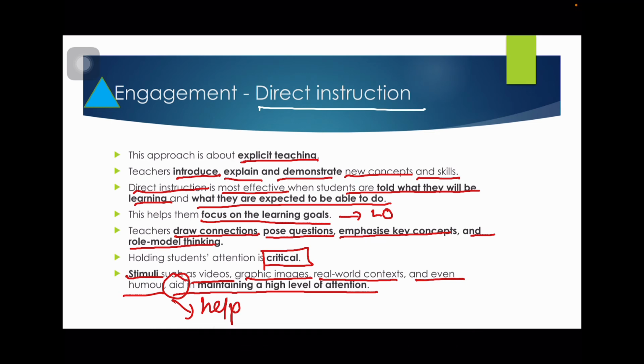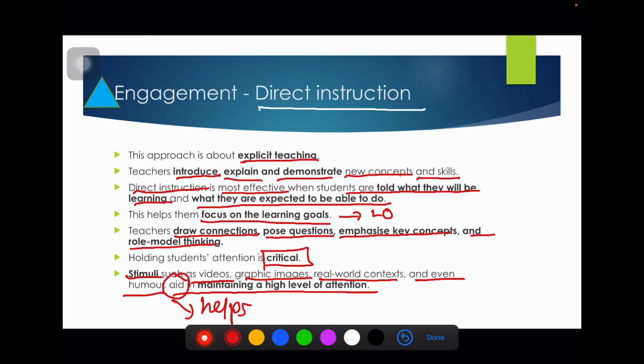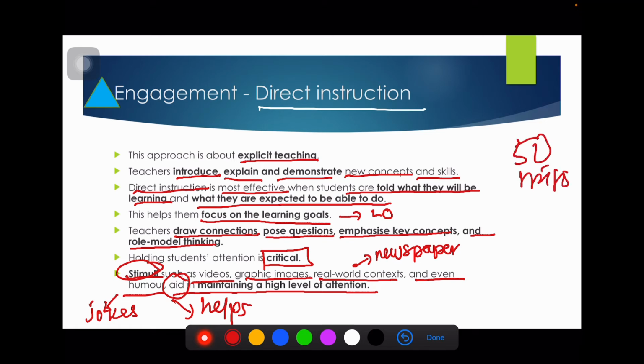So all these materials, graphic images, real-world context, for example, a newspaper. Say there is news in the newspaper about a building that looks like a cone. And even humor, that means jokes, jokes about geometry or jokes about measurement. All these are called stimuli, and these stimuli will help your students focus in a 50-minute class.